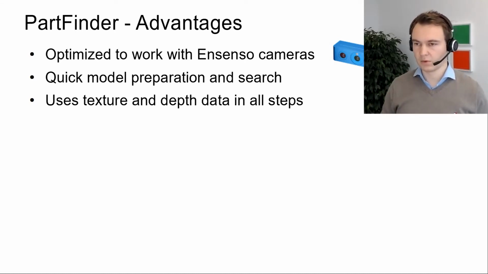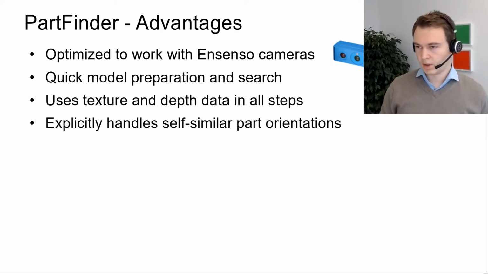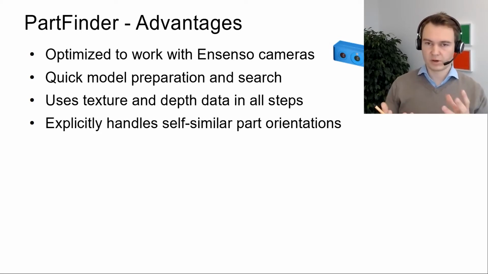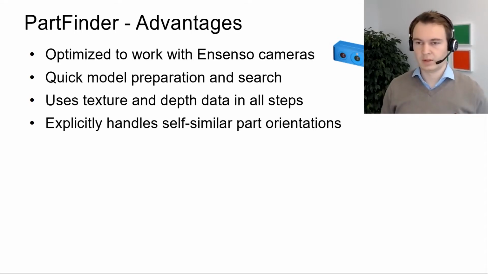This all uses all data cues available. And if you're in the field, I guess you have encountered these situations. You have certain difficult parts, especially ones that are self-similar to some extent or have similar orientations. This is one thing that PartFinder is designed to correctly resolve.